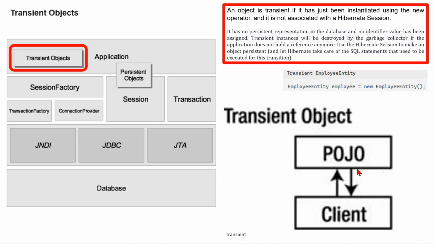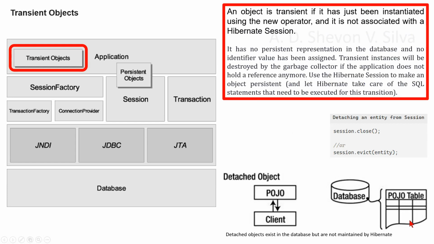Here Pojo interacts with the client. Additionally, we are considering here detached objects. Detached objects exist in the database but are not maintained by Hibernate.